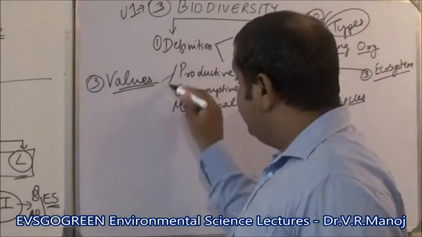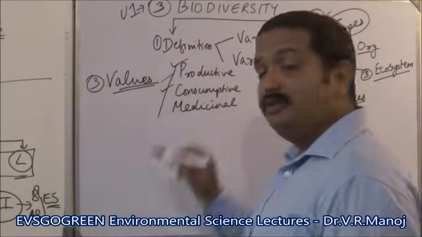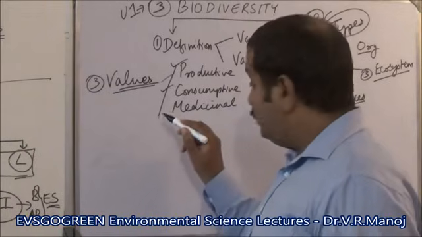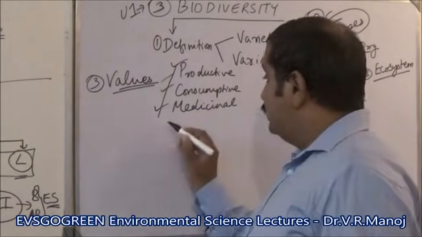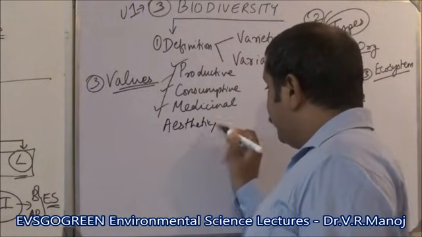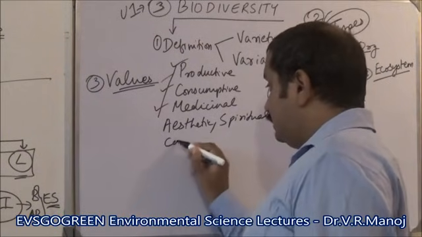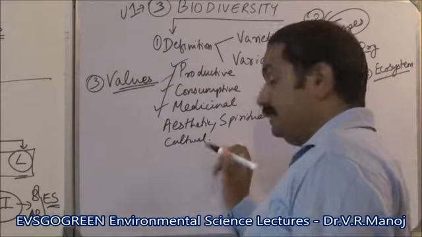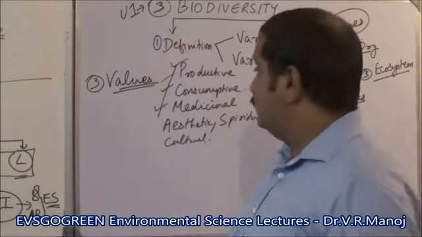These 3 are very important. Okay, from which you get products, from which you are able to consume, and from the diversity from which you get the medicines. Then you also have other values like aesthetic, spiritual, cultural, etc. You have a lot of values, but these 3 are the major values.